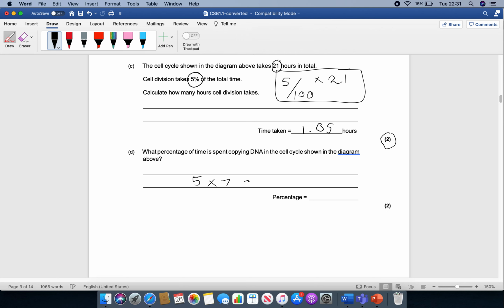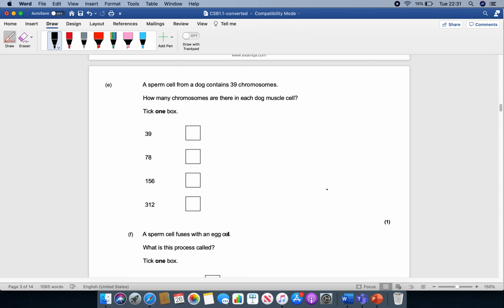Next question. A sperm cell from a dog contains 39 chromosomes. How many chromosomes are there in each dog muscle cell? So if a sperm cell contains 39 chromosomes, we need to find out how many a normal muscle cell would contain.